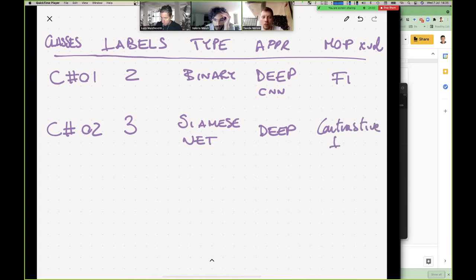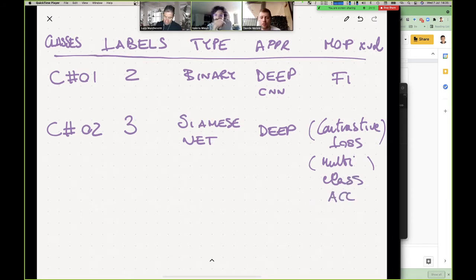I think the metric we have to consider is multi-class accuracy. All right, so now we have all the elements to determine how many training samples we need, right?